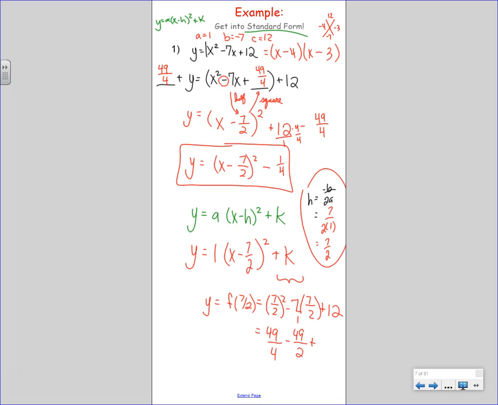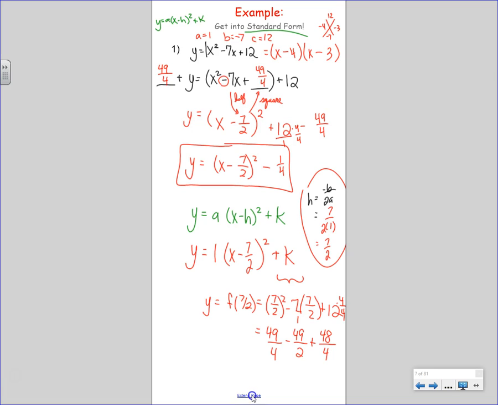And then what can we do with the 12 like we did up above to help us out? Remember what we made 12? Yeah, 48/4, right? So I could multiply 12 times 4/4. And I can almost put all this together, except what am I going to do with that middle guy? What do I still have to do?